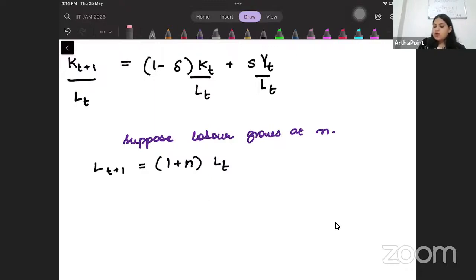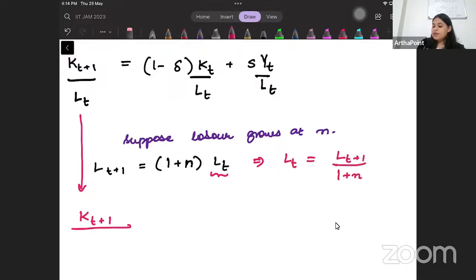So if I put that here, I will get K_t plus 1 upon, instead of L_t, L_t plus 1 divided by 1 plus n.